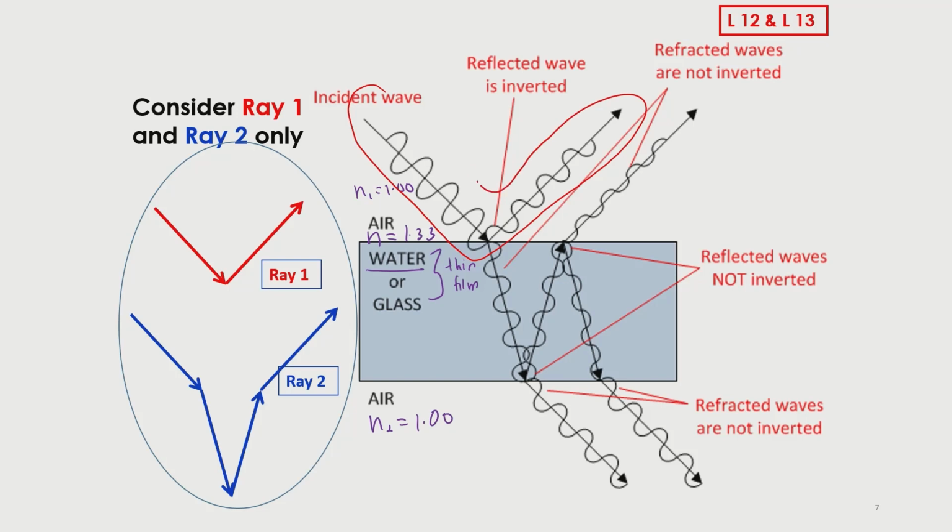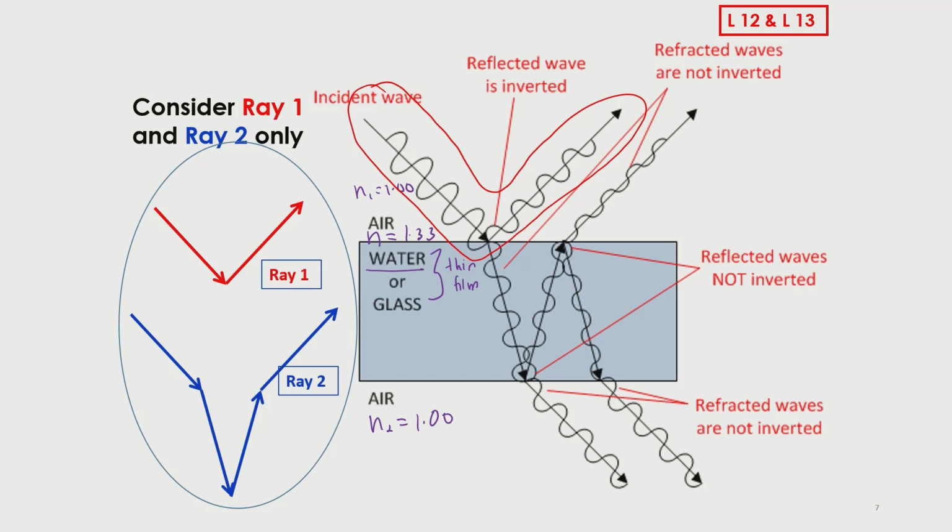My question is, does ray 1 undergo phase change or not? Actually, ray 1 undergoes a phase change because it reflects from a boundary at which the index of refraction increases.